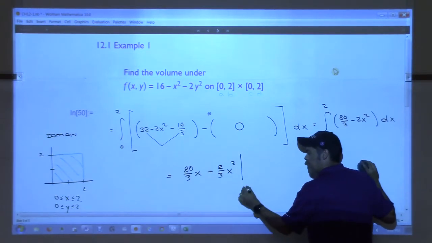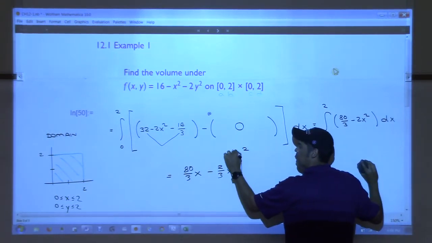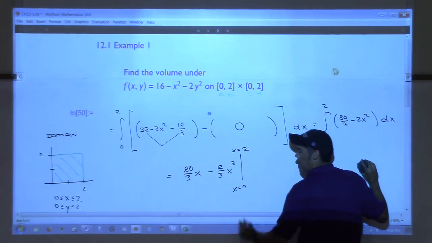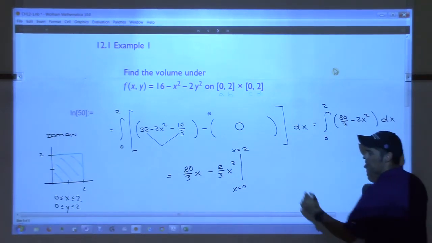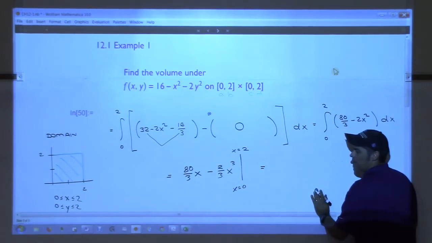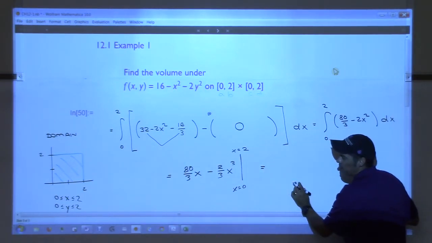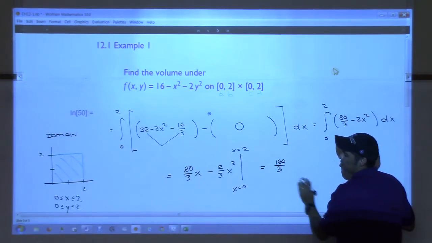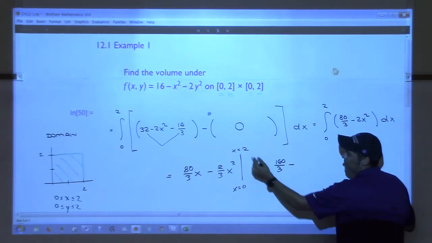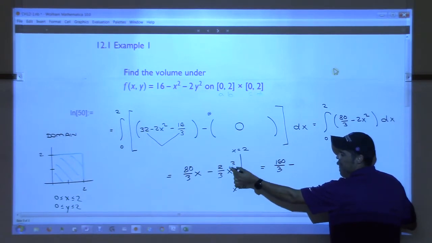We're evaluating this at x equals 2 and x equals 0. So 2 is the only one that really comes into play here, right? The 0 is going to kill everything off. So 2 in for x, what's that, 160/3? And then minus, let's see, 2 into here, 16/3.